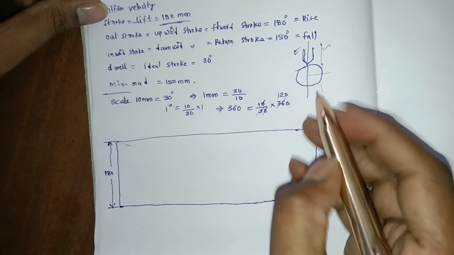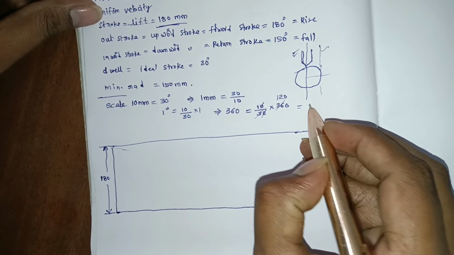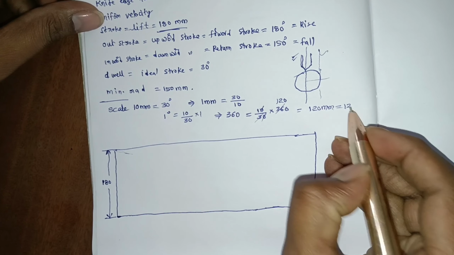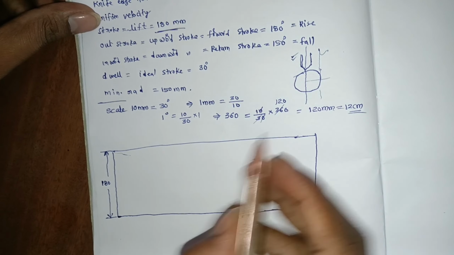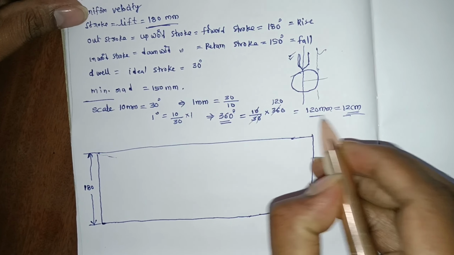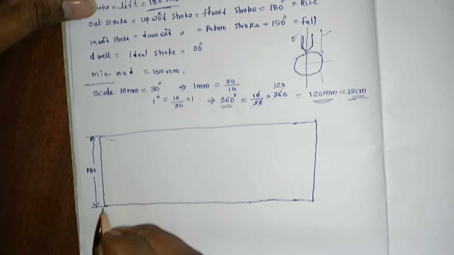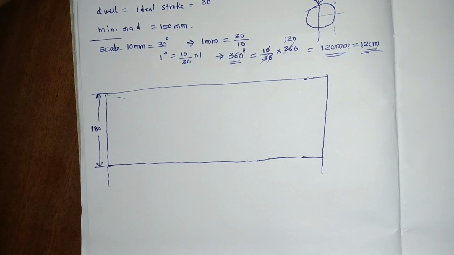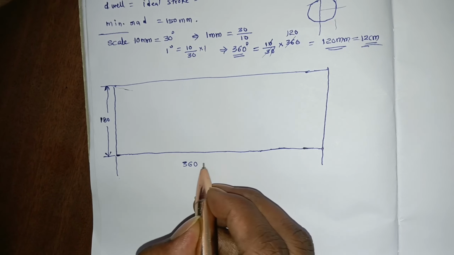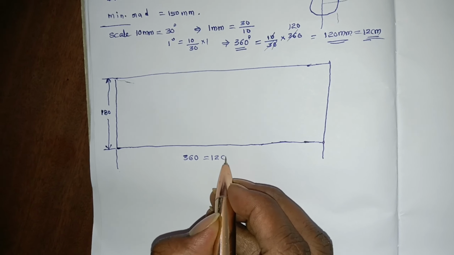So you will get 120 mm or 12 centimeters. Simply said, 360 degrees means 120 mm. That means you have to take 360 degrees as 12 centimeters.